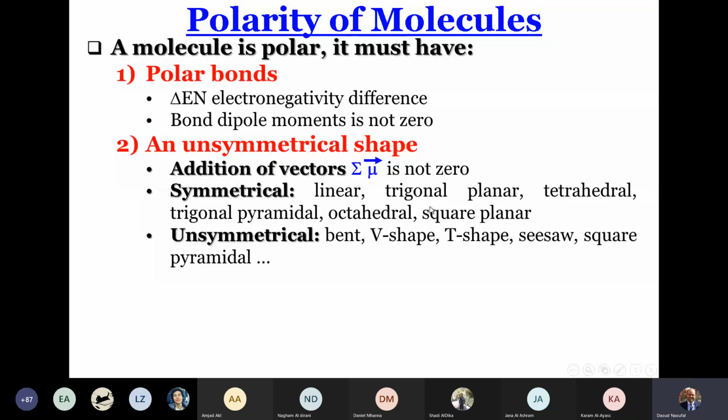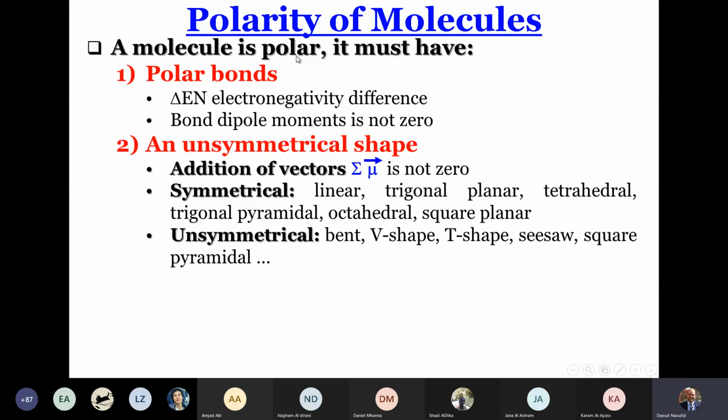Trigonal planar, not polar. Tetrahedral is symmetrical. Trigonal pyramidal is symmetrical. Octahedral is symmetrical. Square planar is symmetrical. So any structure that is symmetrical means the molecule is non-polar.